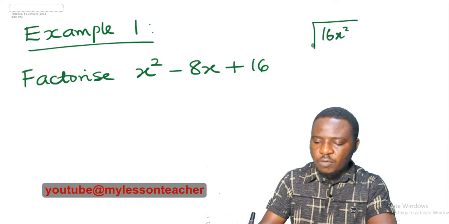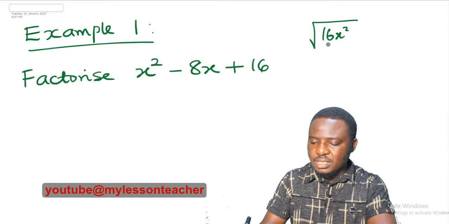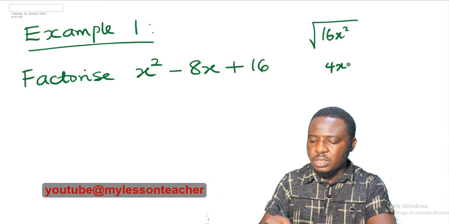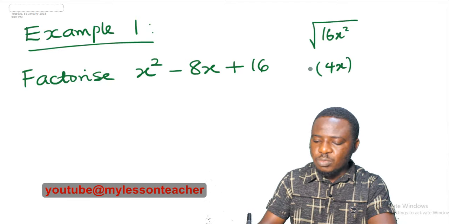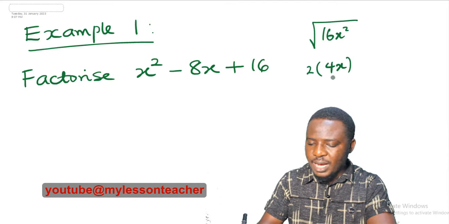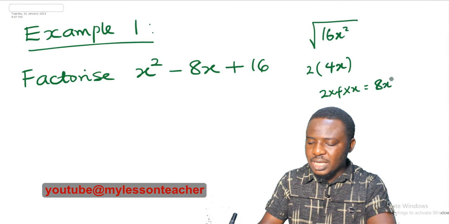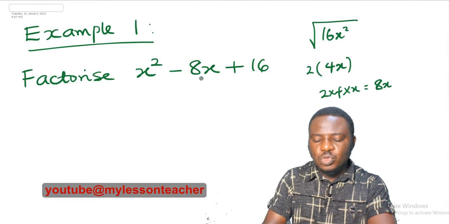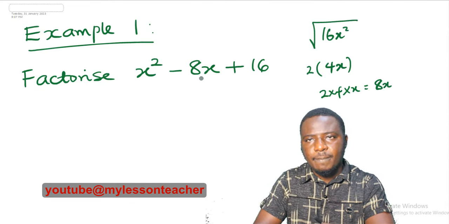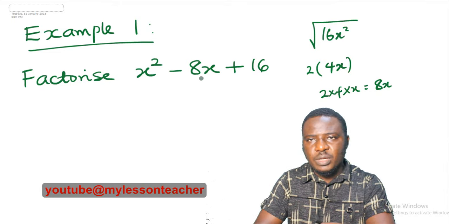So what's the square root of this? Square root of 16 is 4. Square root of x squared is x. So it says it must be twice that. So if you multiply this, this becomes 2 times 4 times x, which is equal to 8x. And that is what we have as the middle term. So that makes it a perfect square.